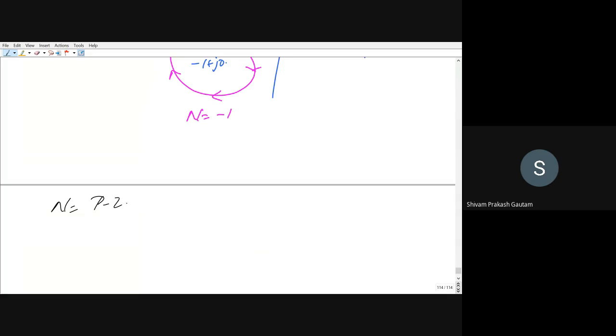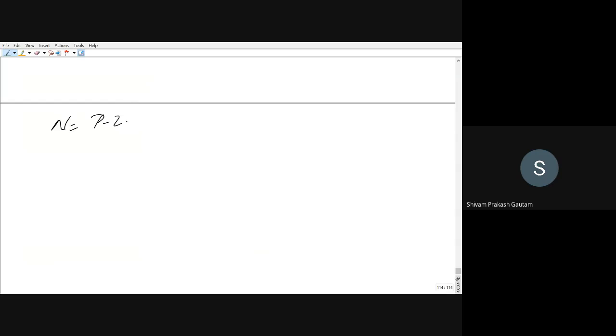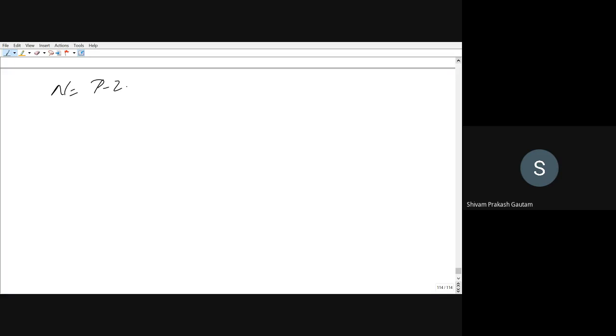I am again writing, N is equal to the net encirclement of the -1 + j0 point. Now what is P? P is equal to the number of open loop poles in the right hand side of the S plane. This you can easily determine by looking at the open loop transfer function.